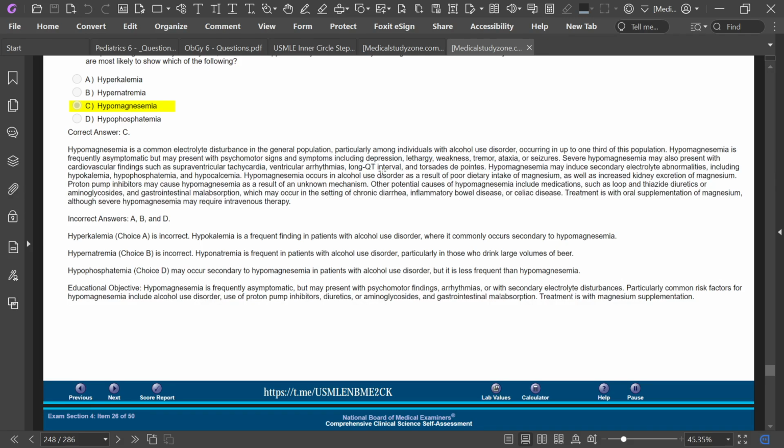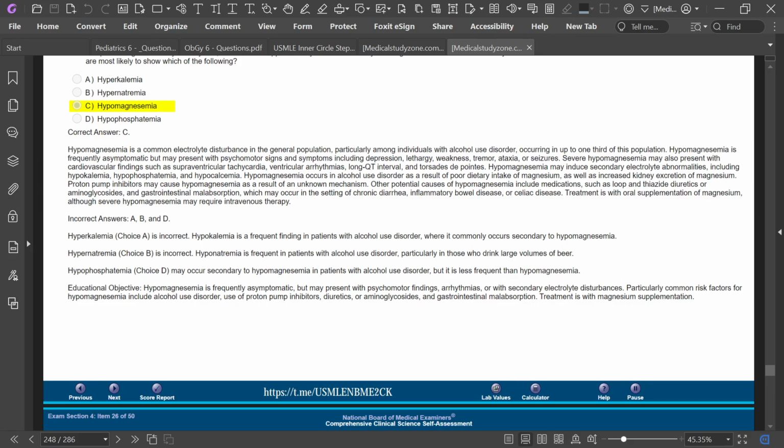Hypomagnesemia is frequently asymptomatic but may present with psychomotor signs and symptoms including depression, lethargy, weakness, tremor, ataxia, and seizures. Severe hypomagnesemia may also present with cardiovascular findings such as supraventricular tachycardia, ventricular arrhythmia, long QT, and torsades de pointes. Hypomagnesemia may induce secondary electrolyte abnormalities including hypokalemia, hypophosphatemia, and hypocalcemia.